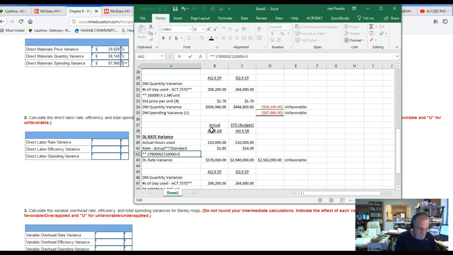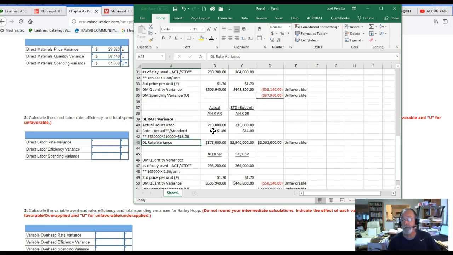So as you can see, our labor rate was much higher than standard. If you think this through, we're probably going to end up with an unfavorable variance here, based on $4 an hour, 14 versus 18. So this is 18.